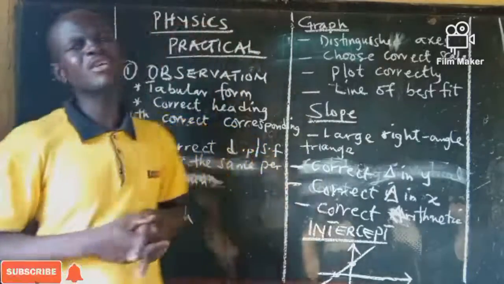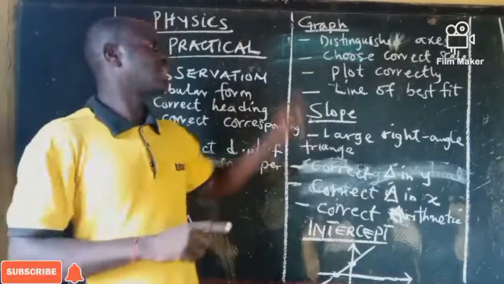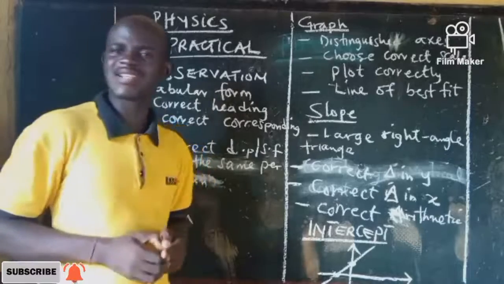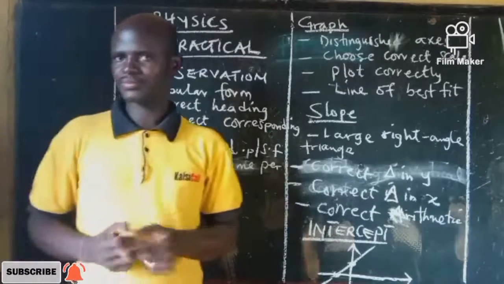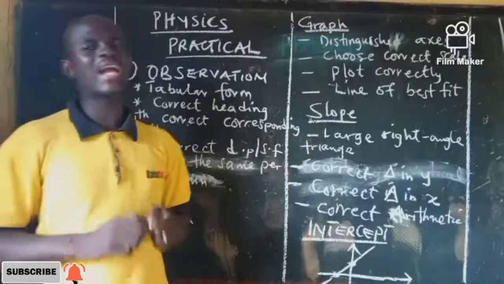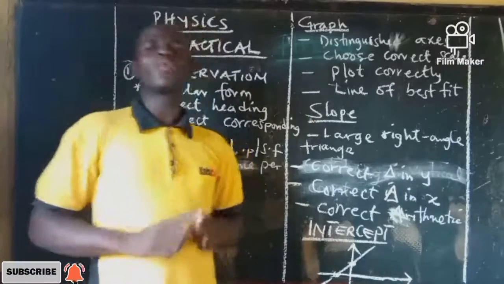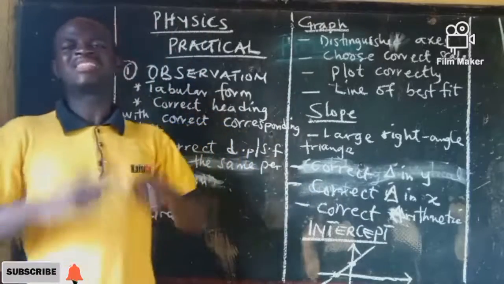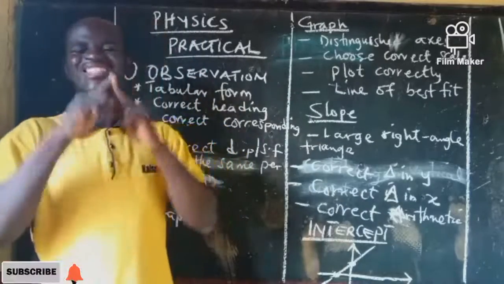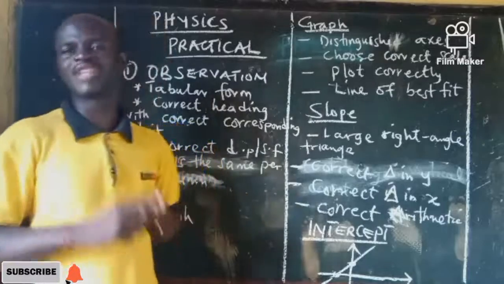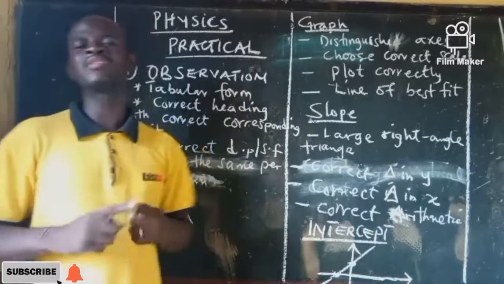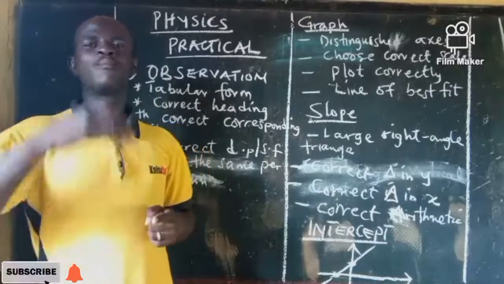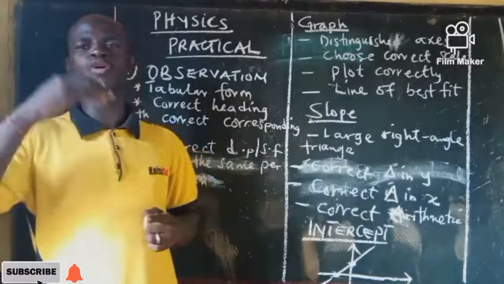Now, another thing that you need to take note of in choosing a correct scale is that there are numbers that are not acceptable, as WAEC and NECO are concerned. Whenever you are thinking about how to choose a correct scale, there are numbers that are not acceptable. Please take note of this very well. Not only these numbers alone, but their multiples and sub-multiples.